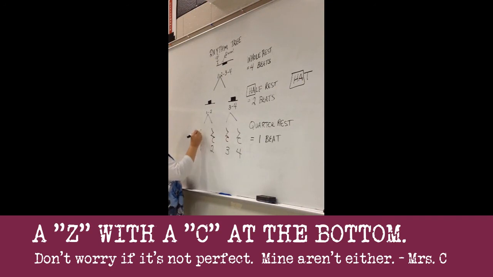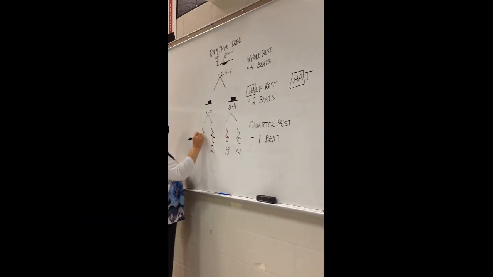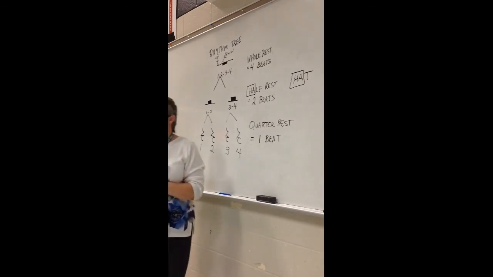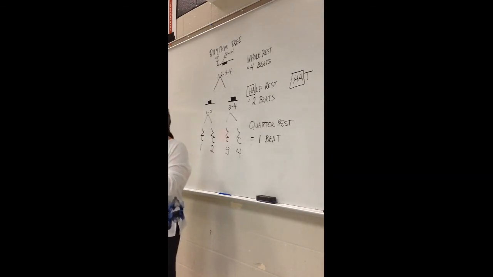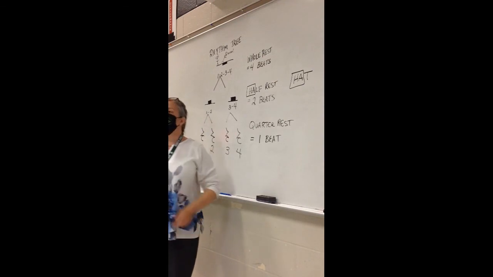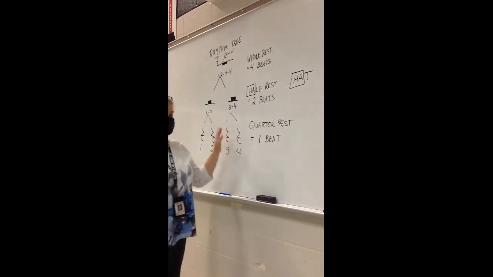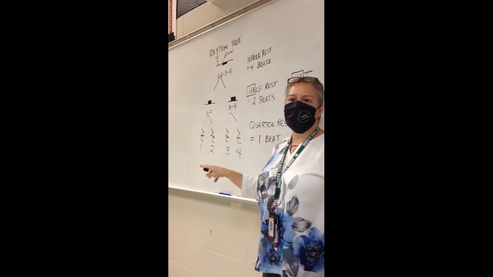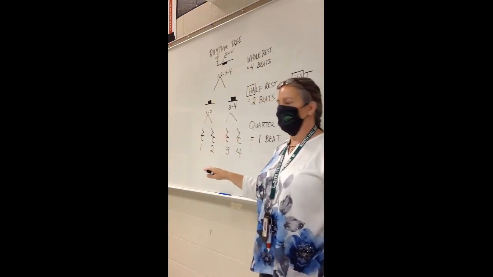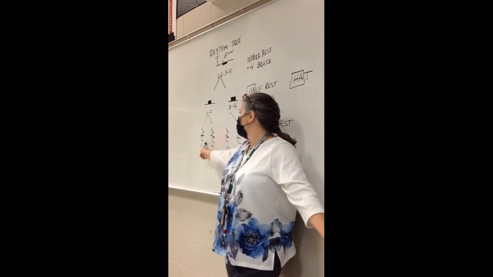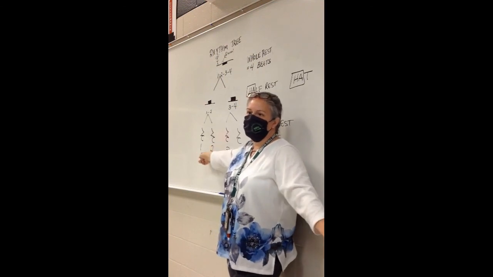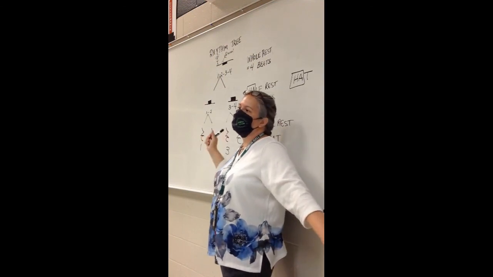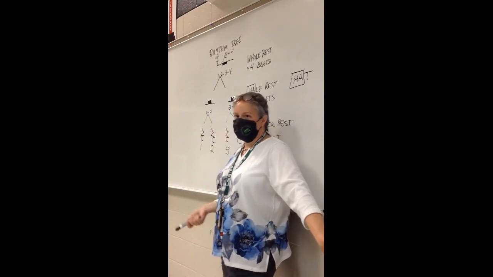Mine is probably like a Z grew a leg and then it's Zorro. I never will expect you to draw these perfectly. It is okay. What I would expect is you give your best effort toward drawing a Z with a C hanging off the bottom, and we're going to call it good. Okay? Each one of these quarter rests is worth 1 toe tap or 1 beat of silence.